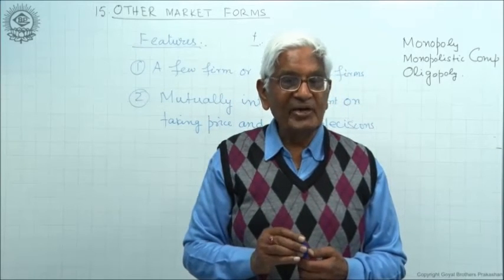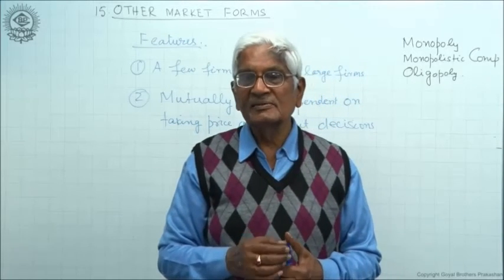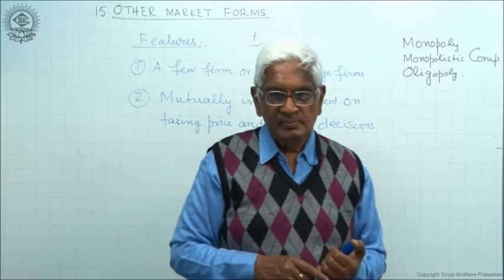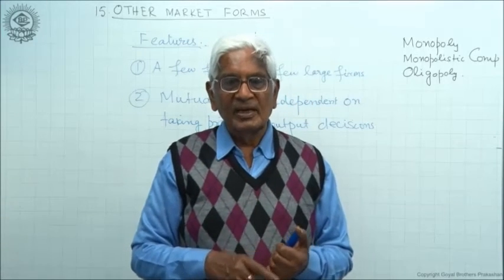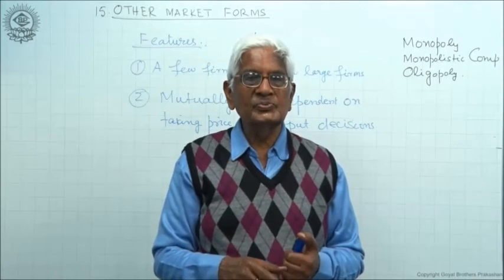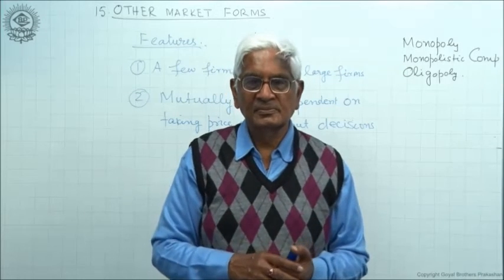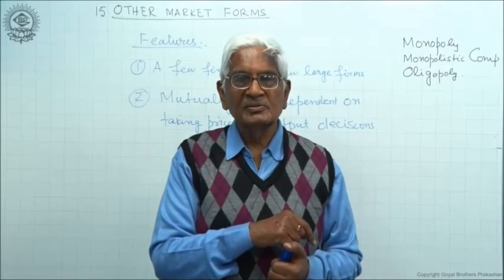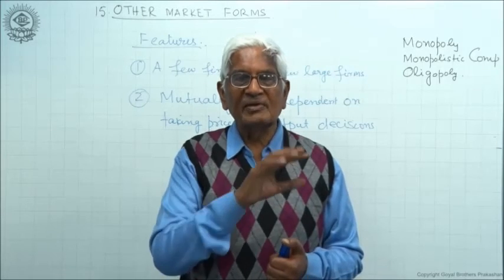I told you one feature while explaining the meaning, reaction. In this market form, we assume that rivals react. In all other market forms, we assume that rivals do not react.